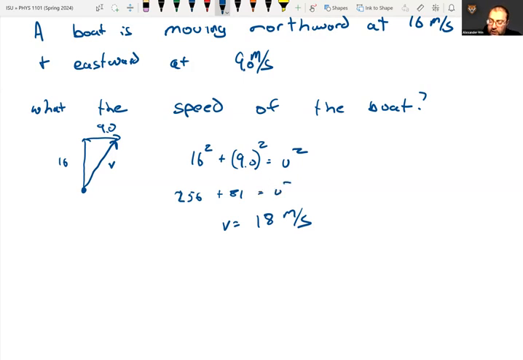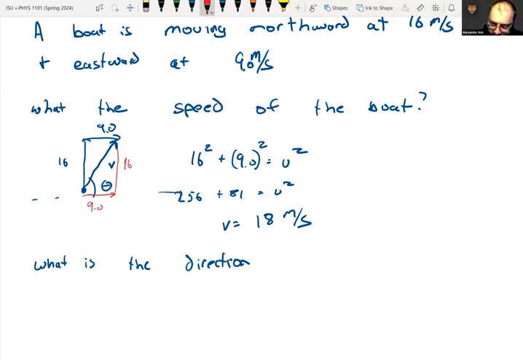Now, the other thing you might be asked is, what is the direction? And a lot of times what you want is this angle right here. So the other way we could draw that angle is we'd have 9.0 there and then 16 there. And so we could say tangent of theta is equal to opposite over adjacent.